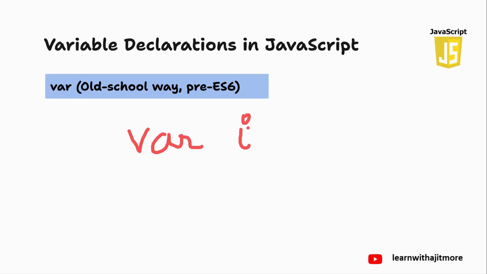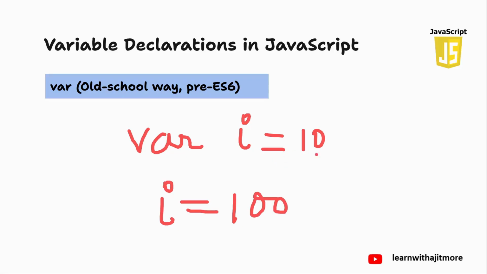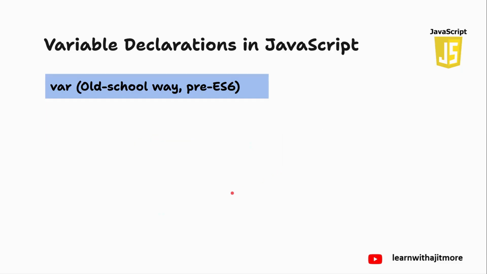You can modify the value: i equal to 10, and after some time, I'm not doing redeclaration, I'm just assigning a new value to it. Will do. Okay, i equal to 10. After some time, i equal to 100. Will do. And very important fourth point, that is these variables which are declared using the var keyword, they are hoisted. Hoisting is a concept.